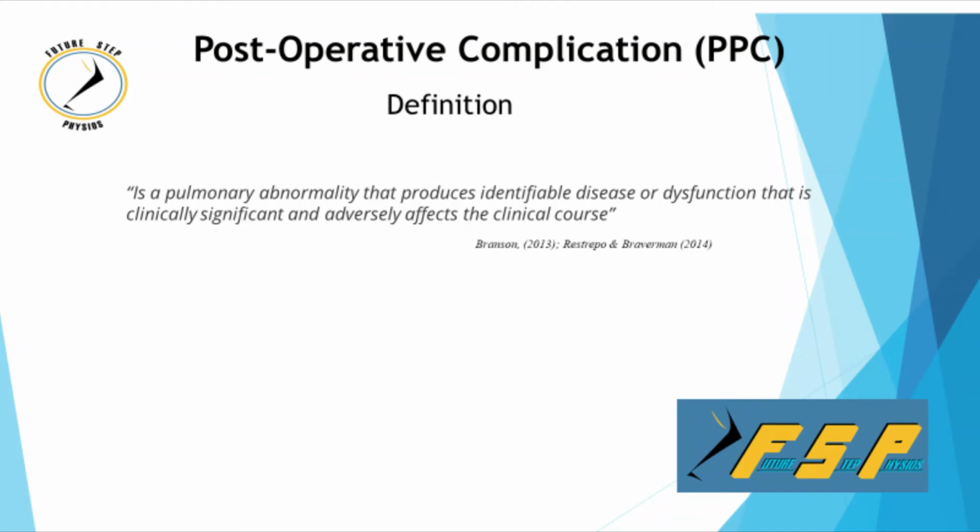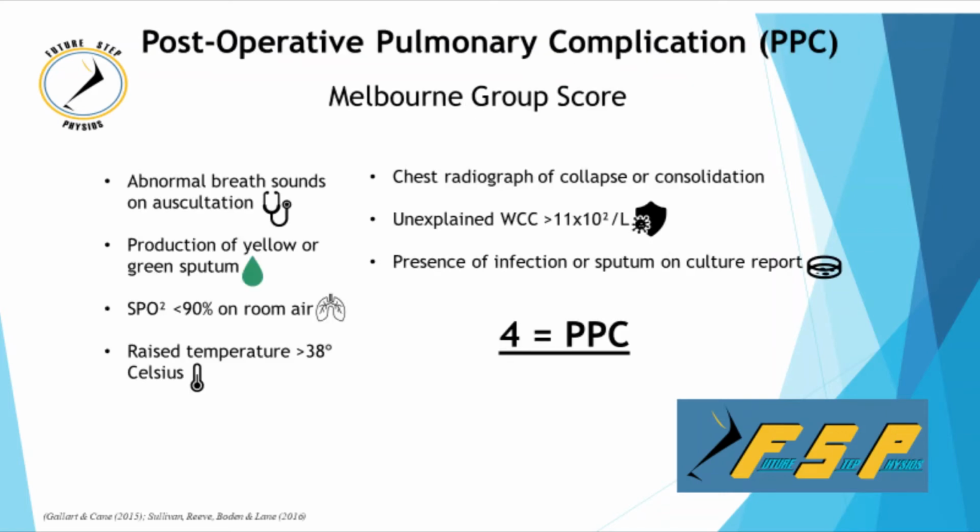The Melbourne Group Score defines a PPC as 4 of the following: abnormal breath sounds on auscultation, production of yellow or green sputum, an SpO2 of under 90% on room air, a raised temperature of greater than 38 degrees Celsius, a chest radiograph showing collapse or consolidation, an unexplained high white cell count, and the presence of infection or sputum on culture report. So 4 of these will mean that a patient has a post-operative pulmonary complication.